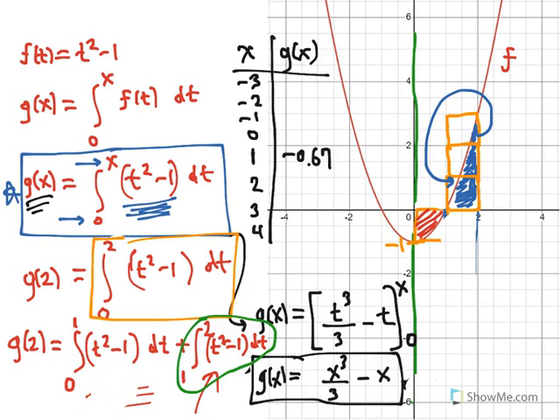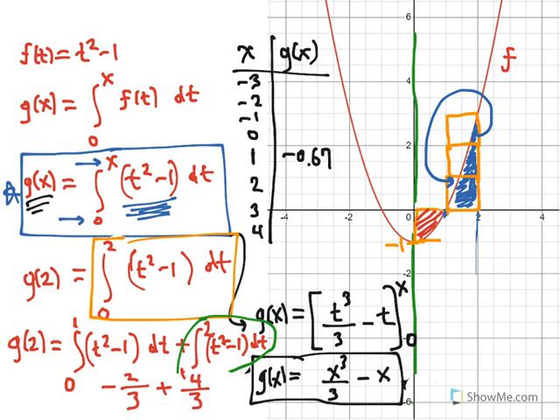So let's see if we can add that to what we had found earlier for the area of the red region. So the area of the red region is negative 2/3, and I'm estimating that the area of the blue region is about 1 1/3. So negative 2/3 plus 1 1/3, which is of course 4/3.